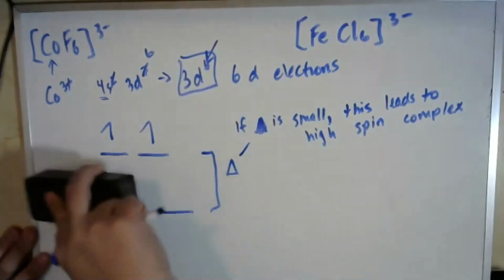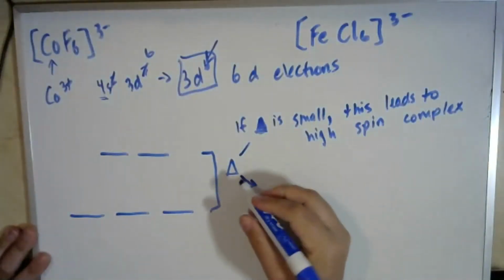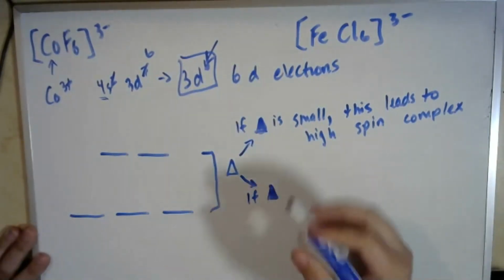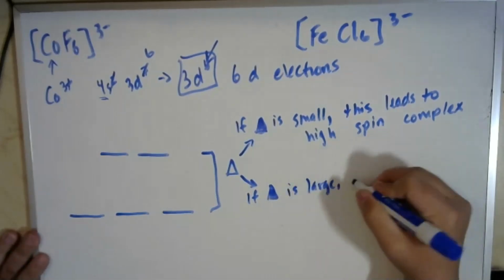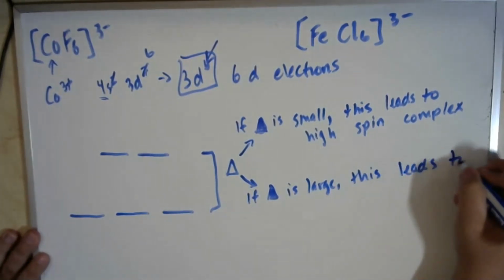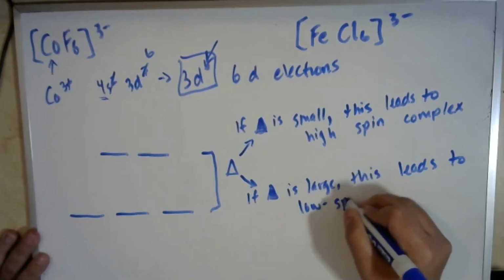But if your delta value is large, this leads to what are called low spin complexes.